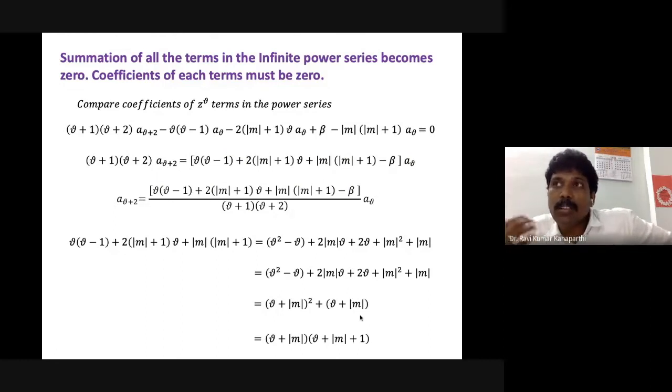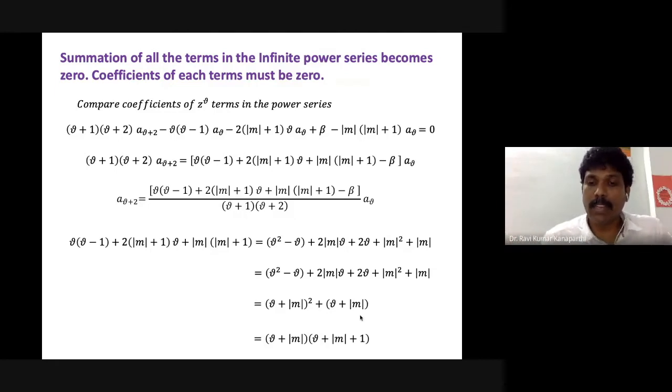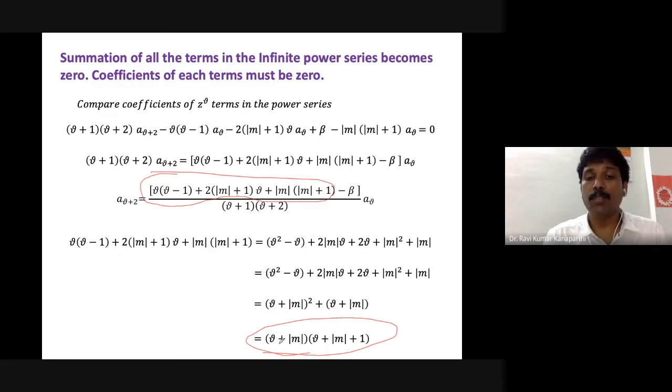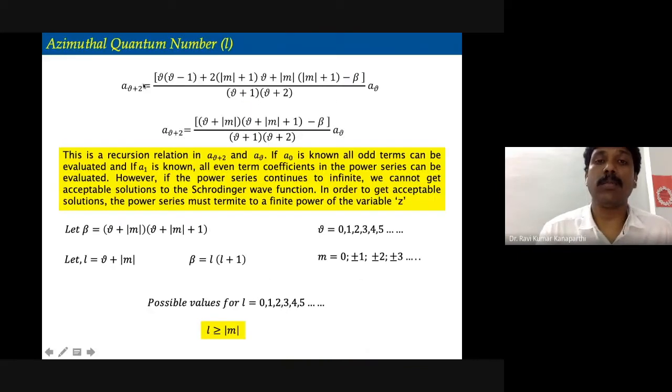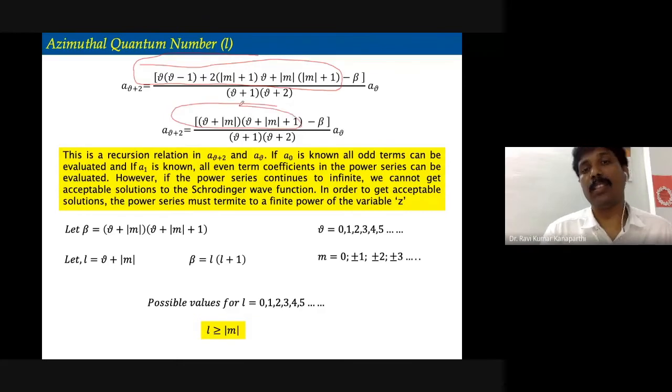After having simplified this entire quantity, we now have nu plus modulus of m multiplied by nu plus modulus of m plus 1. So that we can replace over there. That is what is exactly done here. You can see here. You can just simply replace that, and then it becomes this.